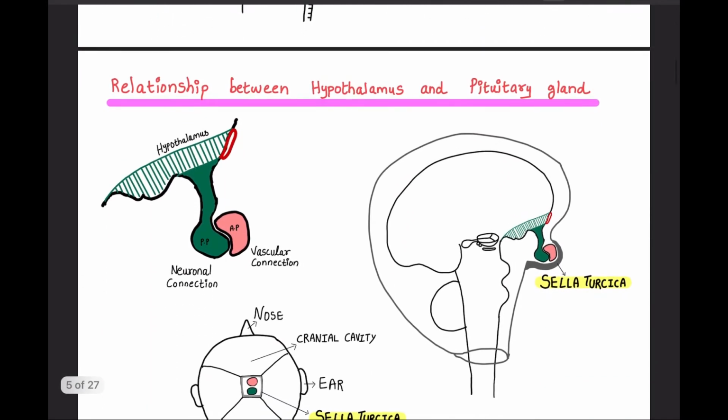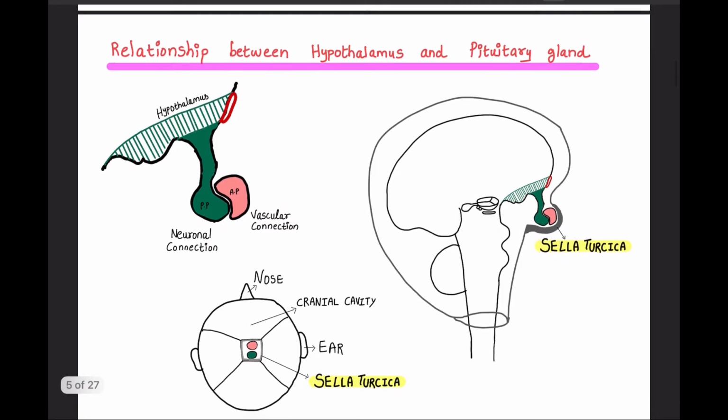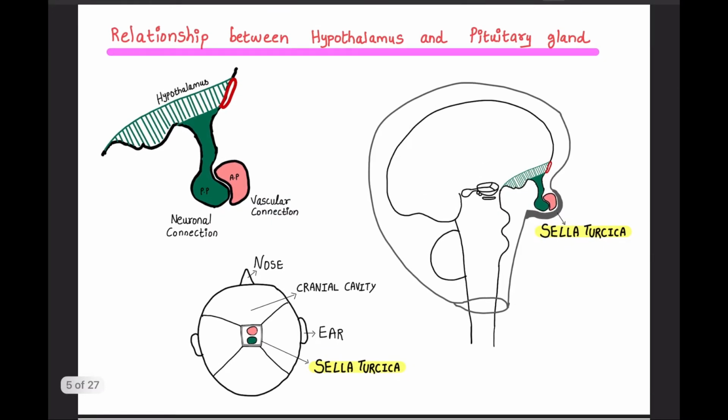So what is the relationship between the hypothalamus and the pituitary gland? The posterior pituitary has a neuronal connection with the hypothalamus, since it is derived from neural tissue of the central nervous system. The anterior pituitary has a vascular connection. We will see about this vascular connection in the coming lecture.